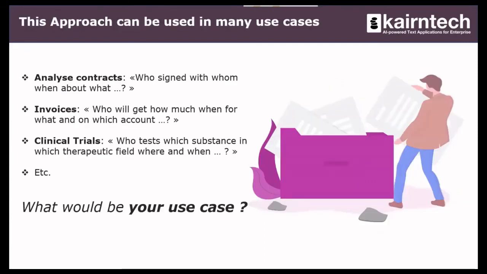For the sake of this tutorial, for this webinar, we have chosen public tenders, but of course the scenario that we have described here applies also to other types of documents. So imagine you had to analyze hundreds and hundreds of contracts. Who signed this contract with whom? What is it about? When was it signed? What was the volume?